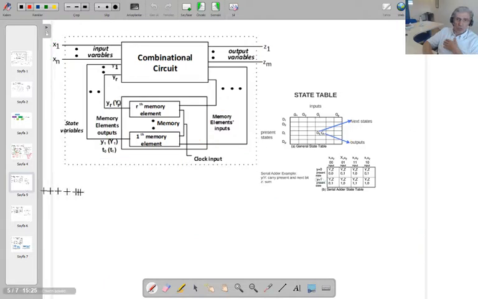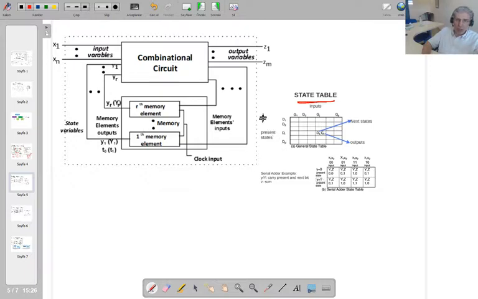So the next modeling is the state table modeling. The same thing that we have as mathematical modeling is going to be represented in a different way, in a matrix form here. In this matrix form, the rows represent the present states.